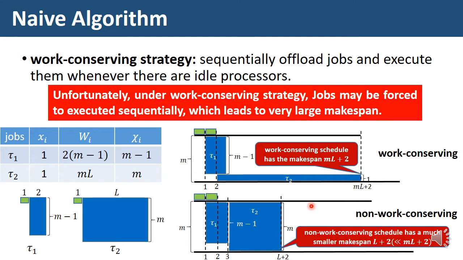This example inspires us that if there are not sufficient idle processors, a job should wait until there are more idle processors, then this job can be executed with a much shorter execution length. This strategy will significantly reduce the makespan. So in the following, we will design a smarter algorithm based on this observation.